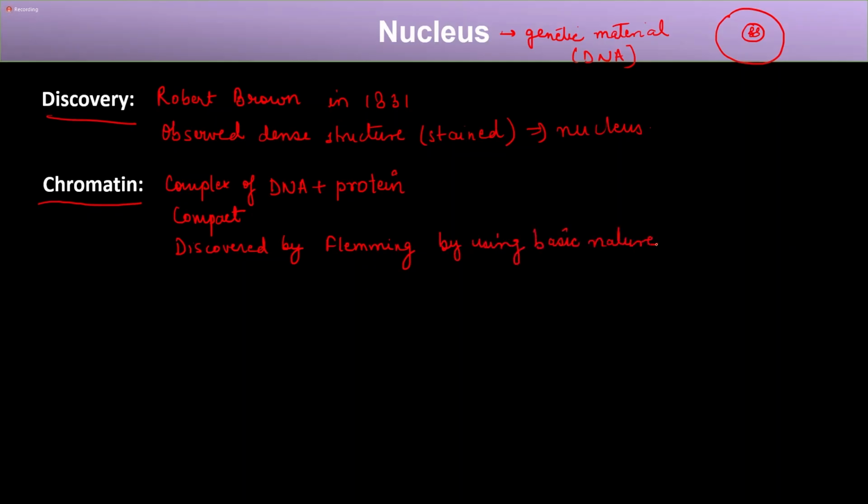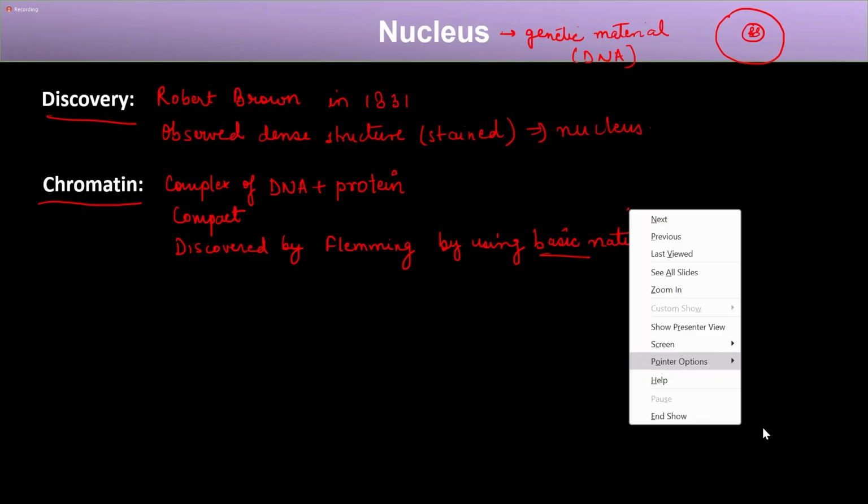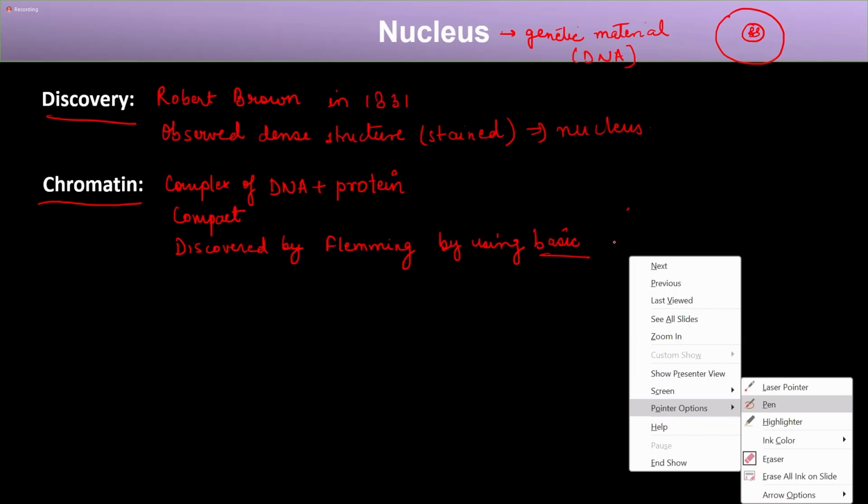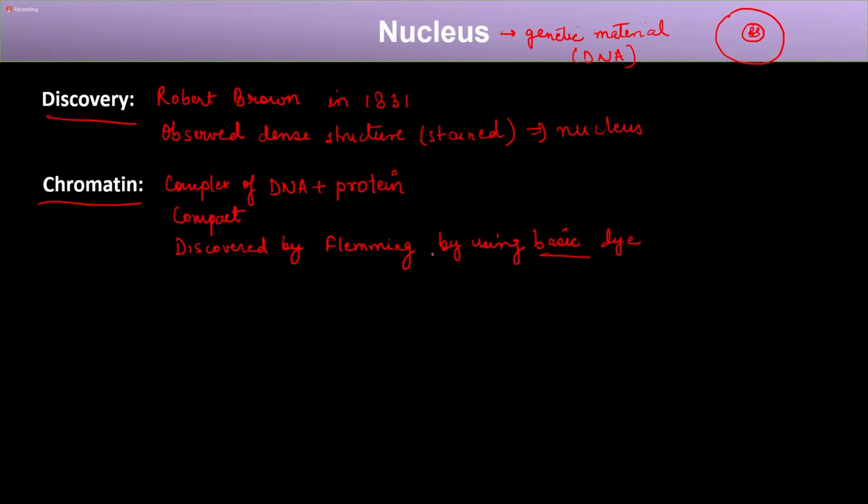We have studied about acid and base, right? So he used a dye that was basic in nature, stained the nucleus with it, and then observed a structure called chromatin.